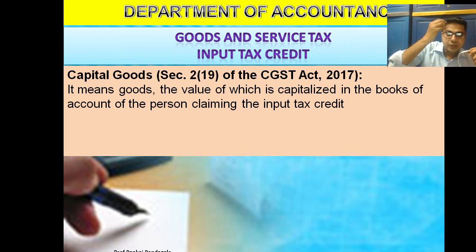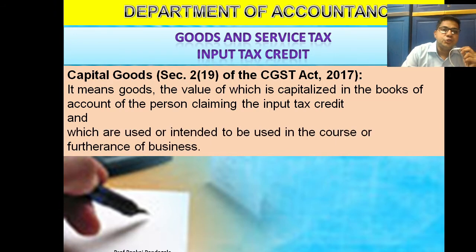It means input tax credit applicable on capital goods, which are used or intended to be used in the course or furtherance of the business. That is called capital goods.